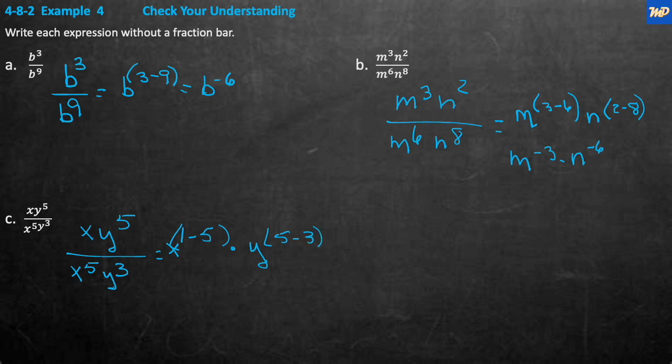So this is going to resolve out to be x to the minus 4 times y to the 5 minus 3, which is 2, y squared. In this case, if we brought this to the bottom, we would have y squared over x to the 4th, but they want us to leave it without a fraction bar. There's the answer. Okay.